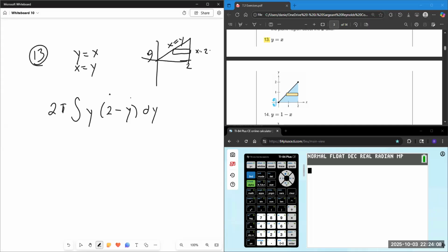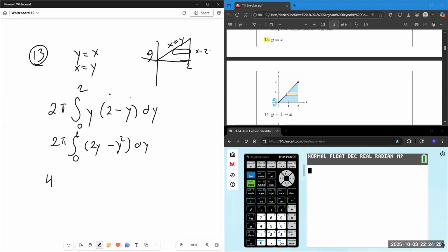All right, so 2 pi, and then y is going from 0 to 2. We look at our picture, 0 to 2, 2y minus y squared dy.